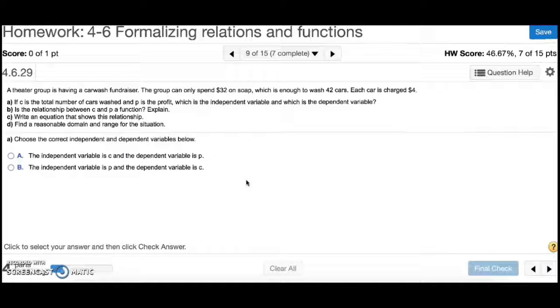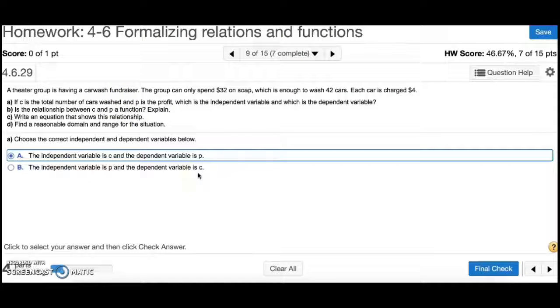Well, we know independent is x and dependent is y, and x is input, y is output. So number of cars is giving us the output of the profit. Cars is x, P is y. The cars is going to be the independent variable, P is going to be the dependent variable. So that means our answer is going to be A.